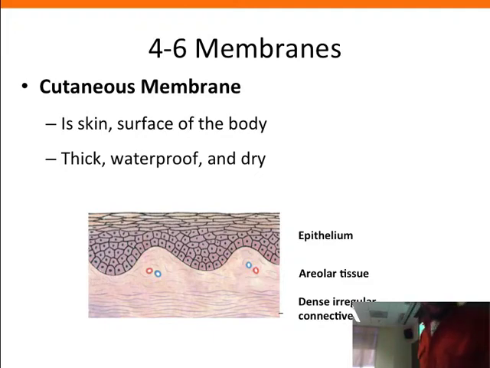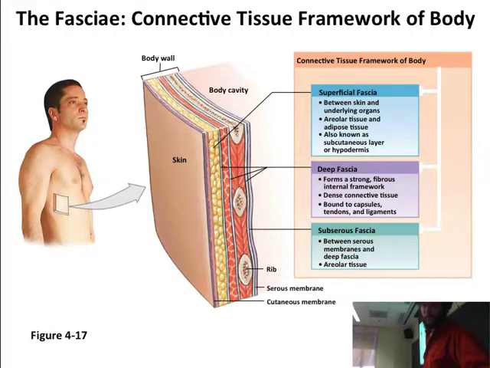It's made up of an epithelial layer, with areolar tissue beneath it, and then the dense irregular connective tissue beneath that. So that's the ET over the CT there. We're going to go into some skin in more detail on another slide here, but first, covering the concept of the fascia.